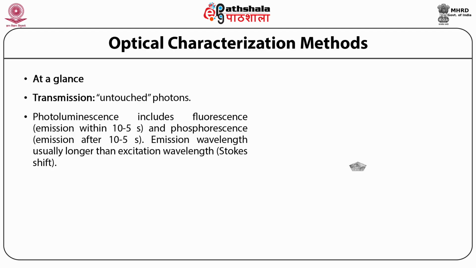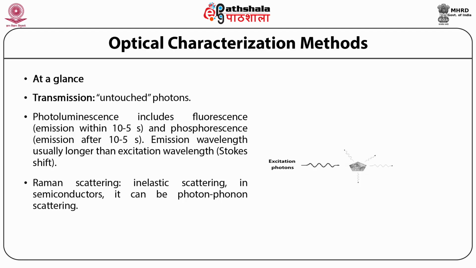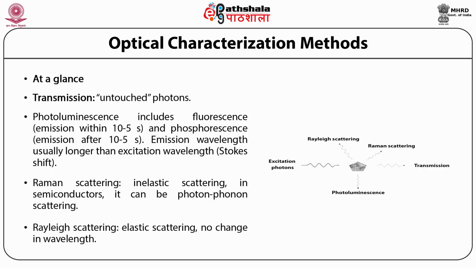Now next is the Raman scattering, which is the inelastic scattering in semiconductors. It can be phonon-phonon scattering. Next is the Rayleigh scattering, that is, the elastic scattering, and there is no change in the wavelength.